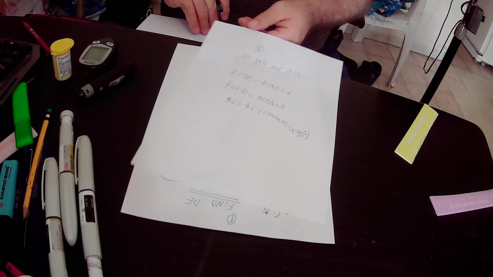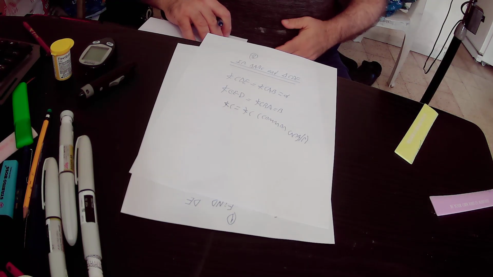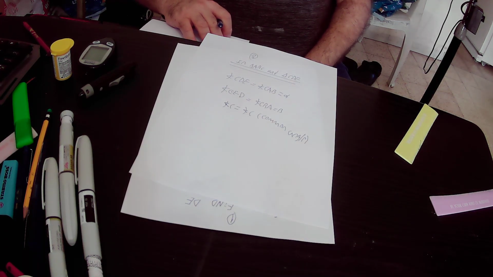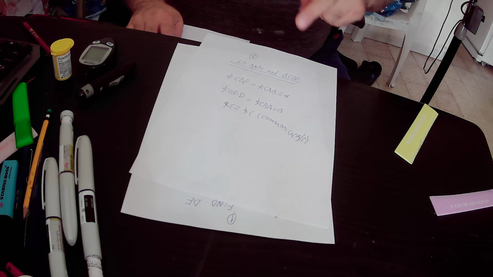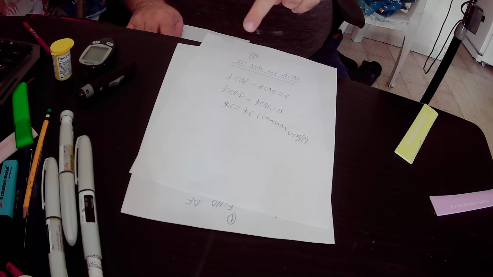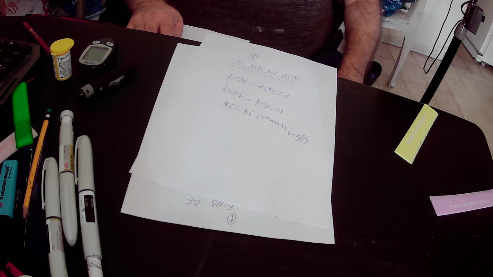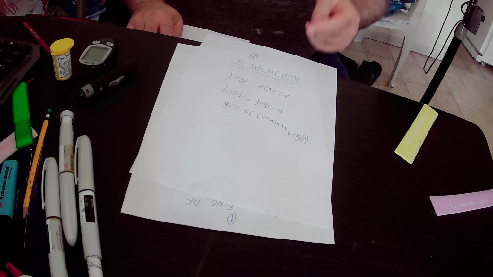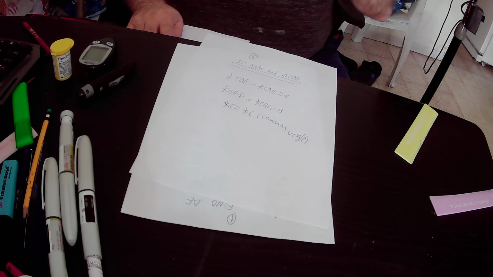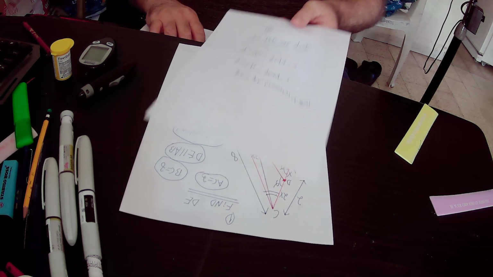Okay, angle C equals angle C. So we actually proved that all the angles in triangle ABC are equal to all the angles in triangle CDE. So we actually proved that triangle ABC is similar to triangle CDE according to the angle similarity rule.